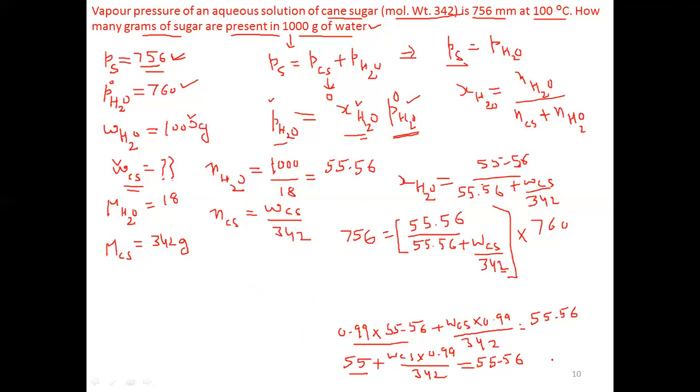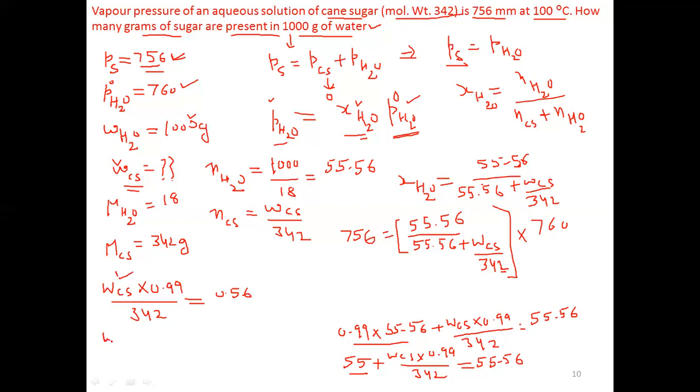If we take it to the right hand side, it becomes 55.56 minus 55 is equal to 0.56. So we have WCS into 0.99 divided by 342 is equal to 0.56. We can calculate WCS.